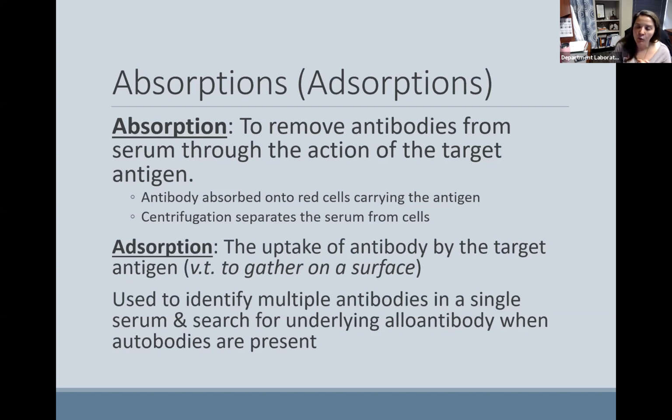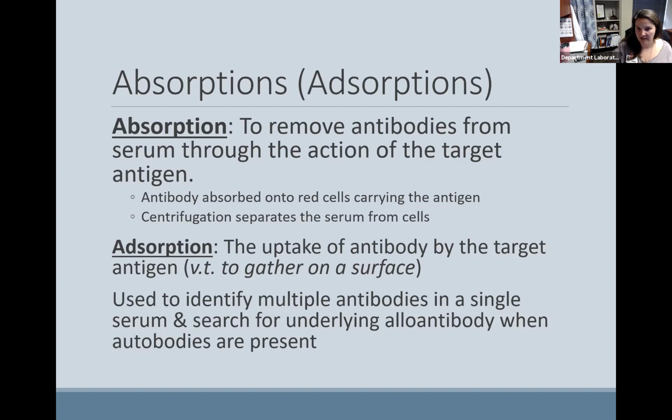If you think about when we're doing an auto adsorption, we are taking patient red cells, mixing them with patient plasma, so those red cells can adsorb out the antibody in the plasma and absorb it onto the red cells. So adsorption out of plasma, absorption onto the red cells.